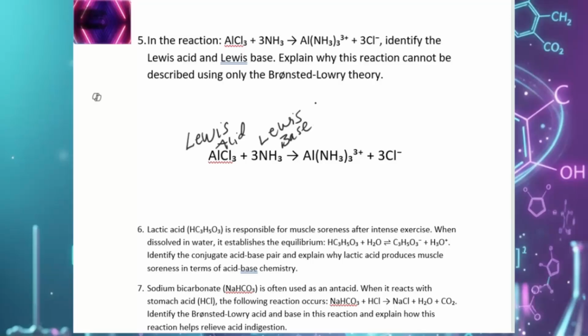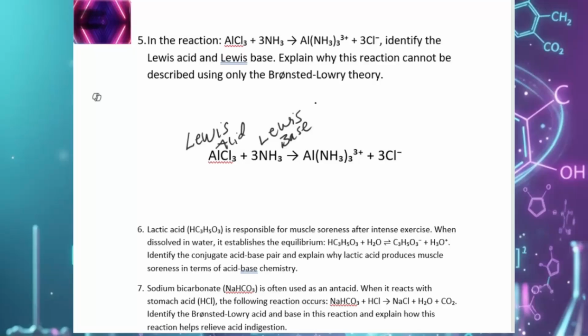Now, Lewis's name comes up a lot. Whenever you talk about drawing out those Lewis dot diagrams, it is for this reason right here. That's what I mean about how everything comes full circle.